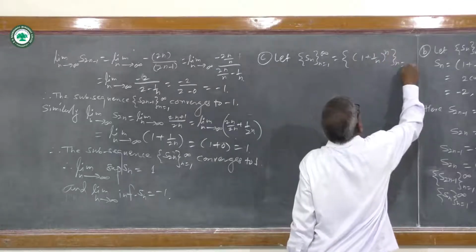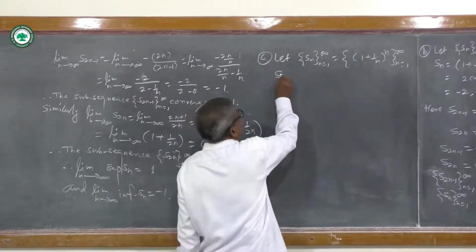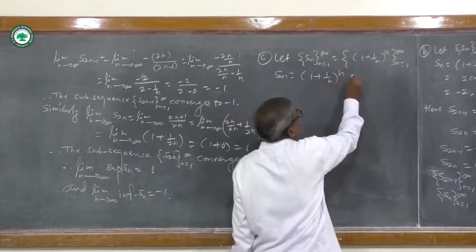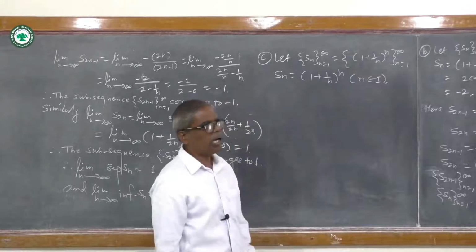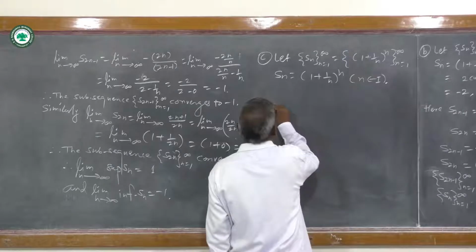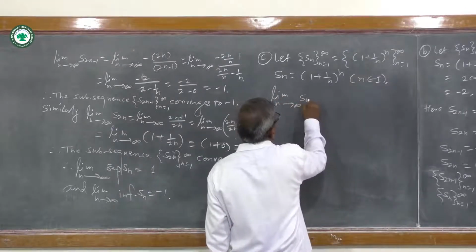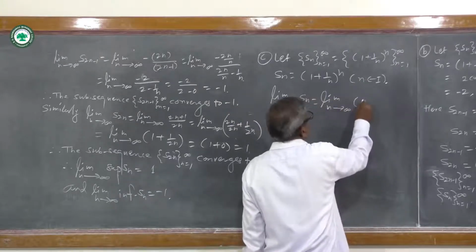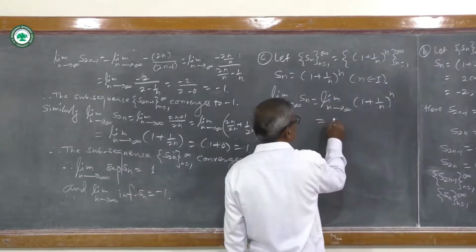This sequence Sn can be written as Sn is equal to 1 plus 1 by n raised to n for all n belongs to I. Limit n tends to infinity of Sn is equal to limit n tends to infinity of 1 plus 1 by n raised to n, and this is equal to E.